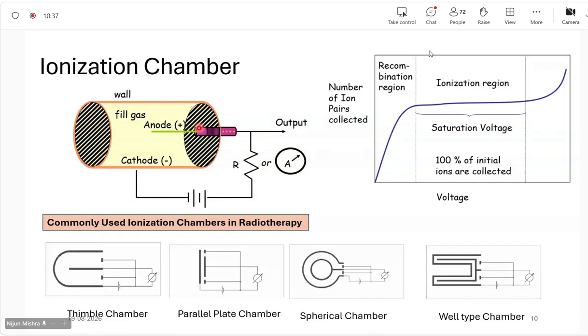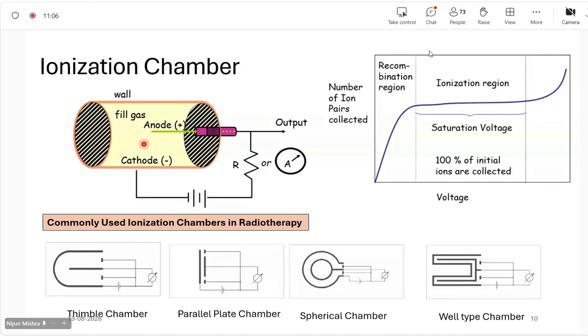Next, the fill gas we use normally is air, hydrogen, or some inert gases. Like in a pressurized ionization chamber based survey meter, we use inert gases. But in our day to day absolute dosimetry, like Farmer chamber or PP chamber, we use the vented type, meaning the gas inside the chamber is air.